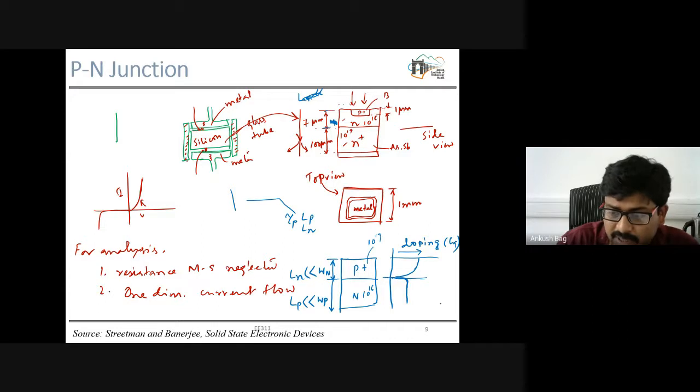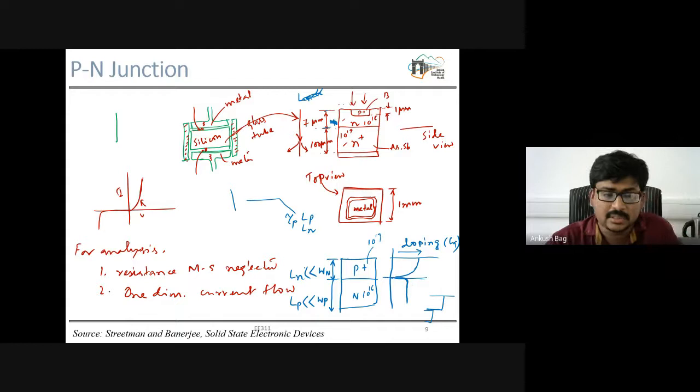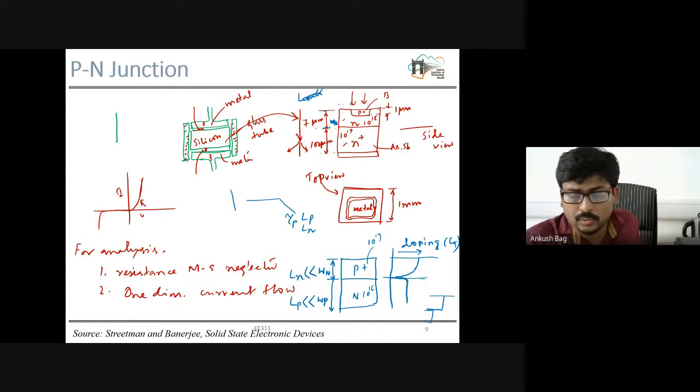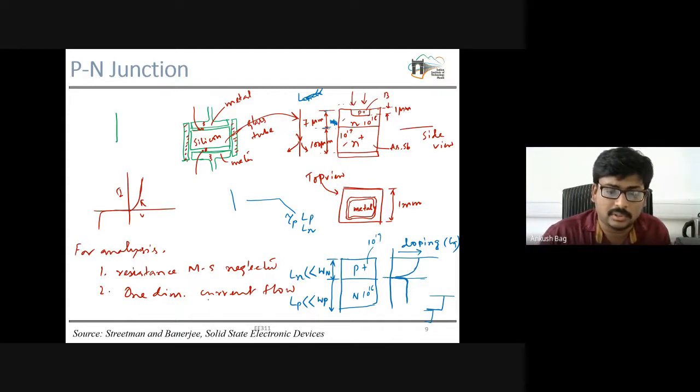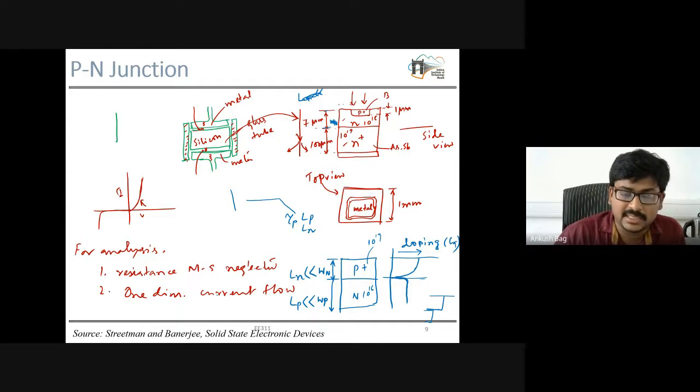The concentration changes abruptly like this, but in reality it has this kind of gradient. For our simplification in this calculation, we'll consider our carrier concentration having this abrupt change. These are the conditions we need to consider for the analysis of our p-n junction diode.